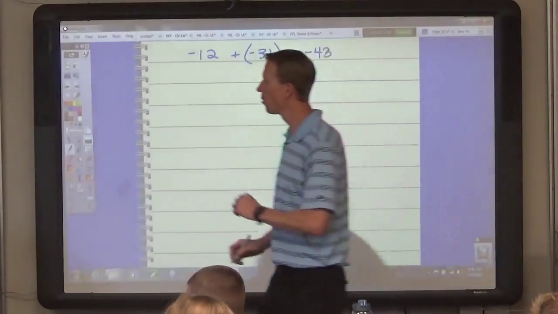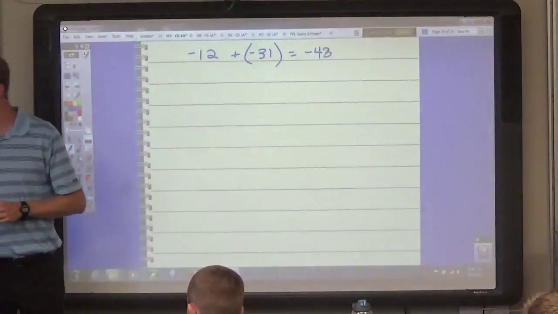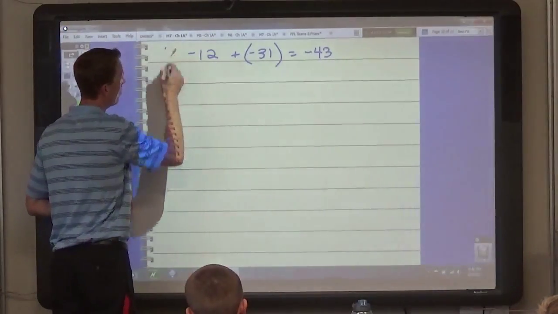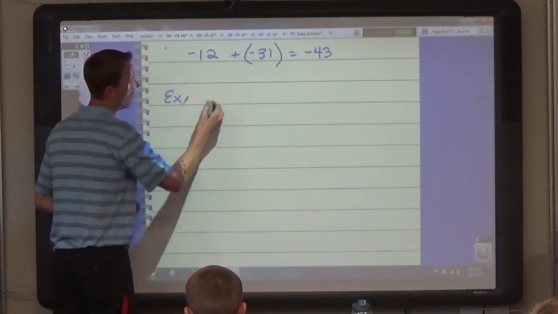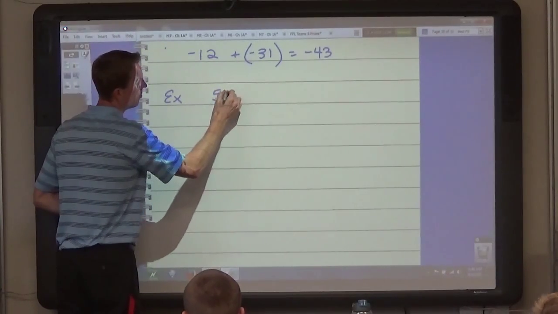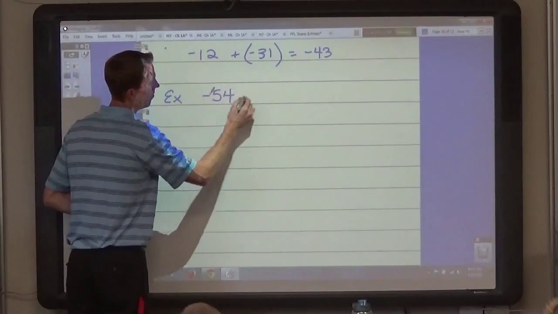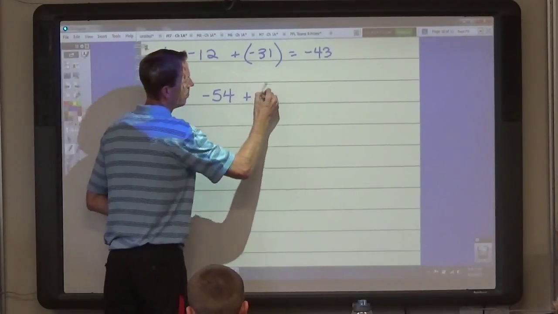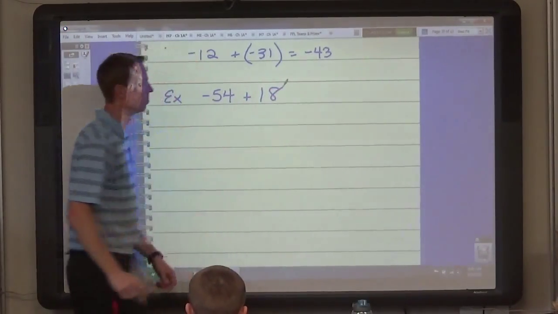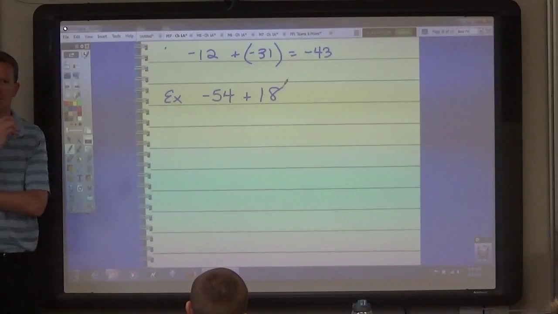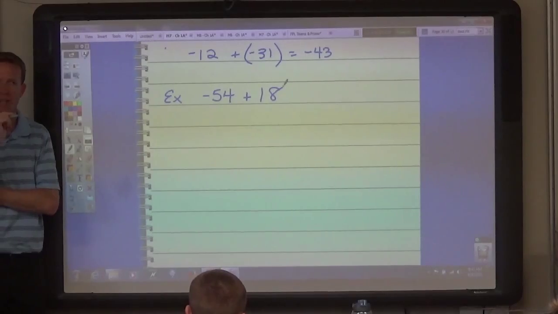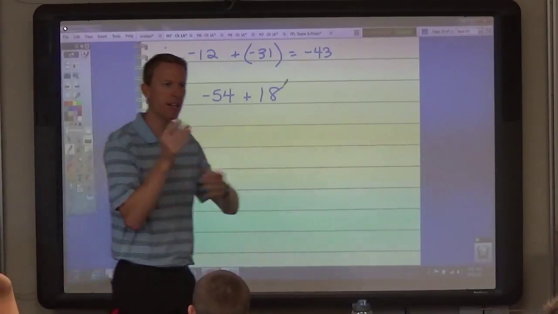Yep. What would we do with this one? In this example, would we add these or subtract these? Would we add these, or would we find the difference?